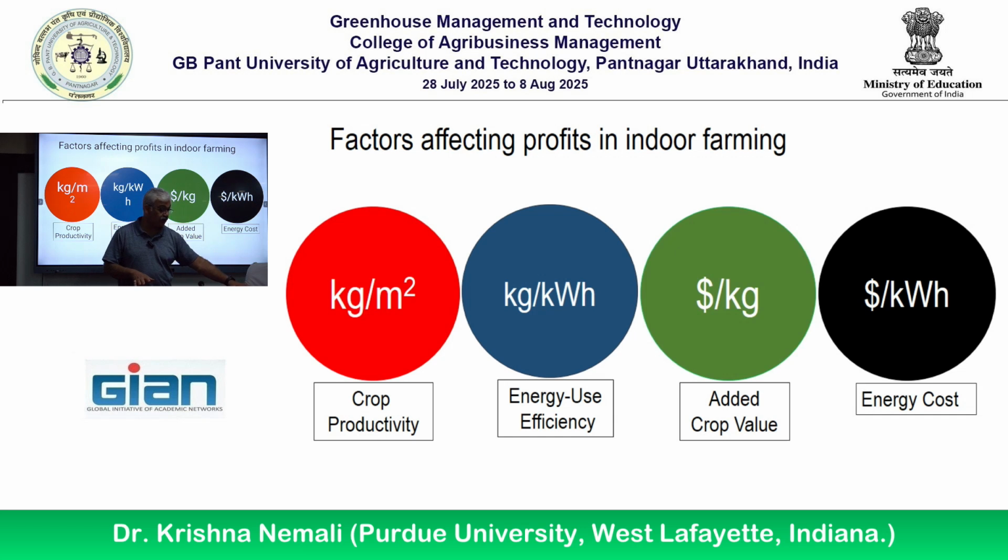I told you that in order to get profits in vertical farming, I have to sell my produce for a higher price because my operational costs are high. But people are not going to buy at a higher price, especially when they have produce from the field being sold at a lower price. So how can I get a higher price? You have to attract consumers. How can you attract consumers?